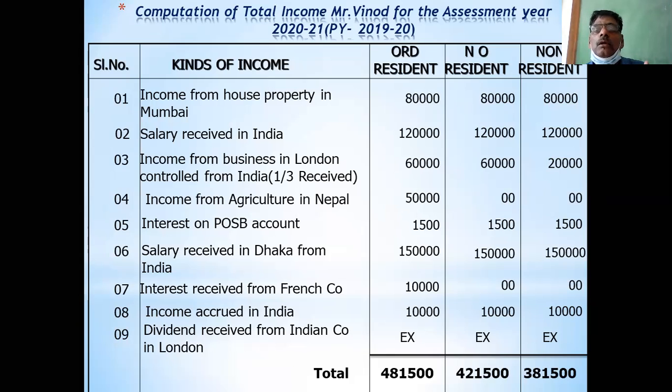These are the 4 clues. And remaining all items should not be taken in this table. It may be past untaxed, it may be remitted to India, it may be transferred from a foreign country to India, like that. You don't consider those terms.